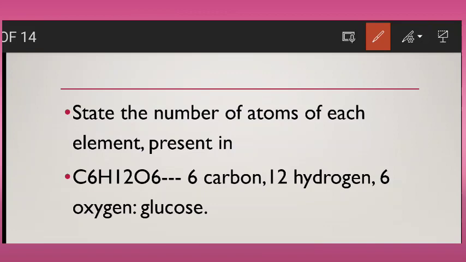Now next step, state the number of atoms of each element present in this. This is the example of glucose. So in glucose, how many carbons? 6 atoms of carbon, 12 atoms of hydrogen, and 6 atoms of oxygen. And the other part of this question is that you have to write the name of the compound here. So what is the name of this compound? Glucose.